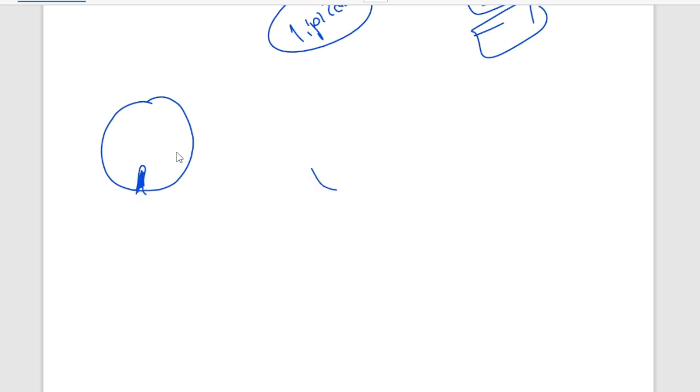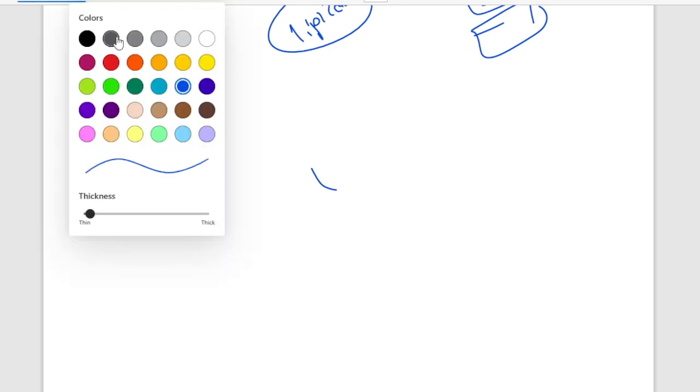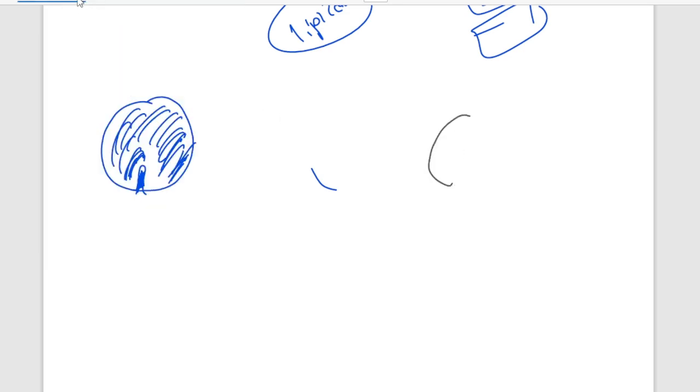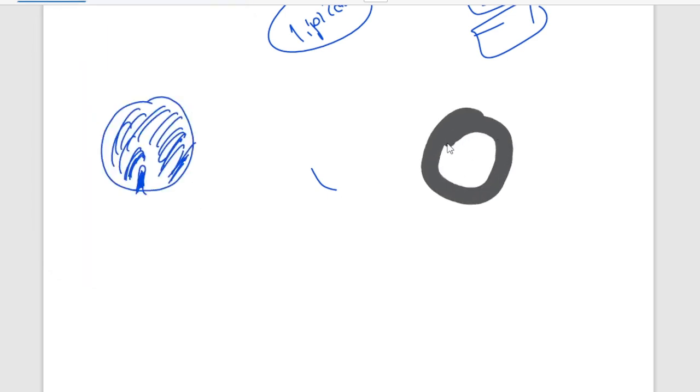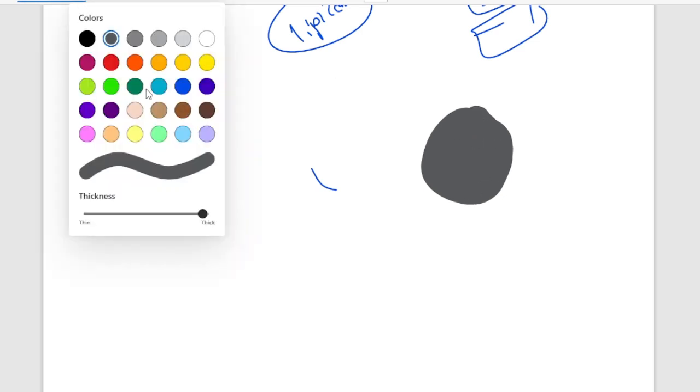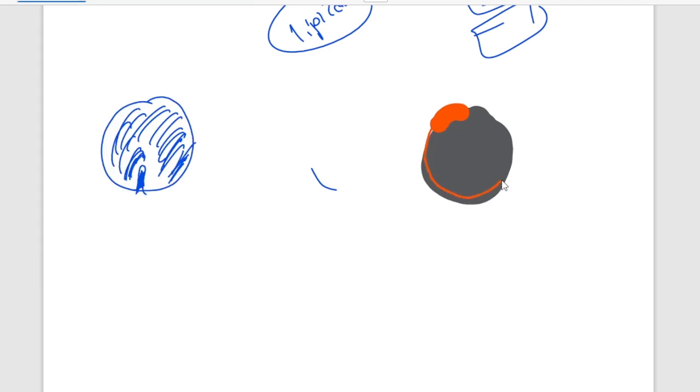For example, this is the upper plate, and below this another plate is present. Let me show you again. This is one plate, and above this plate another plate is present.